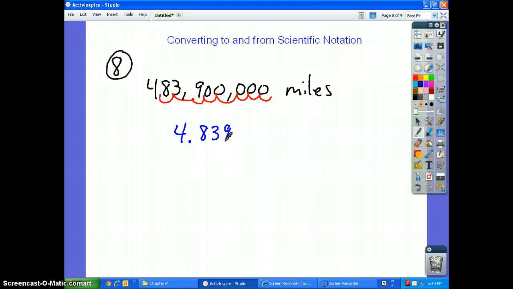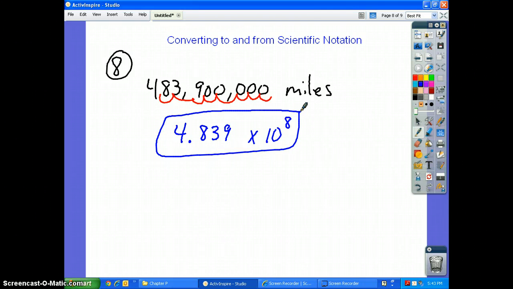So I have 4.839, and after that I don't have to care about the zero after the 9 because it's not significant. 4.839 times 10 raised to the 8th power. So now we just converted a number to scientific notation. That's problem number 8, example number 57 in your book.